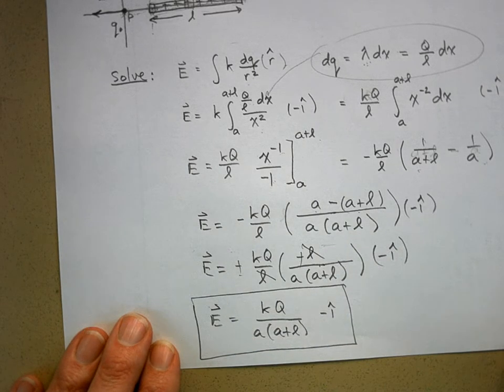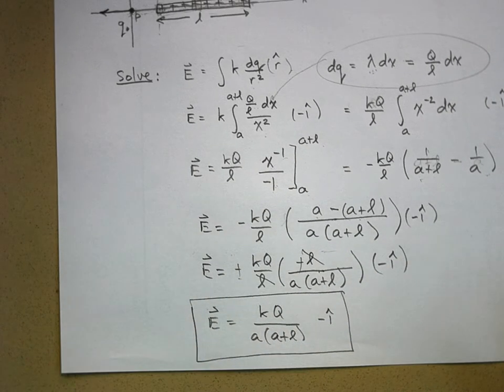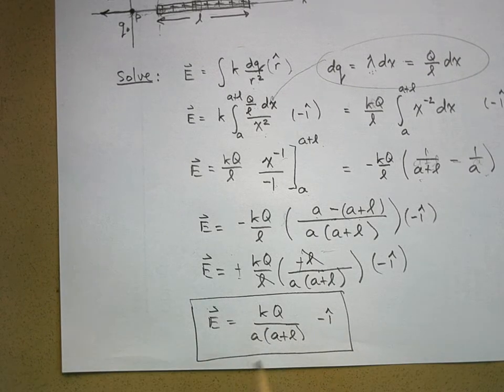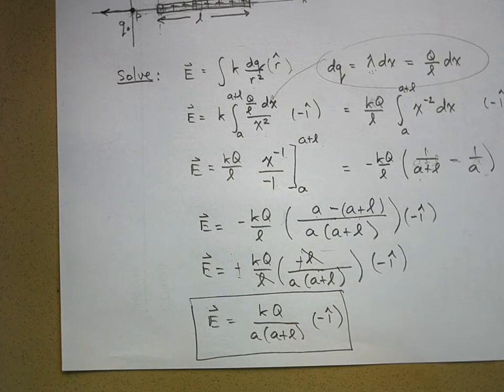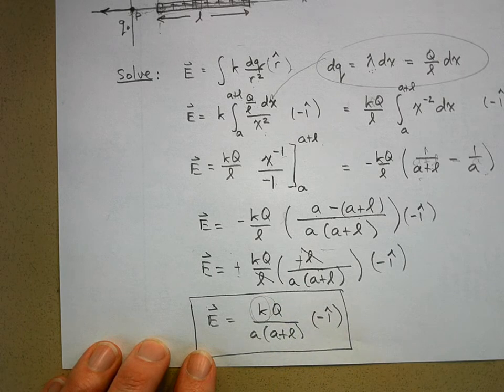Okay? And here's a great way to check your answer when you go through all this, because it is easy to make a mistake, as I did. Look at it from a dimensional point of view. Does this turn out to have units of newtons per coulomb? Well, let's take a look. What are the units for K?